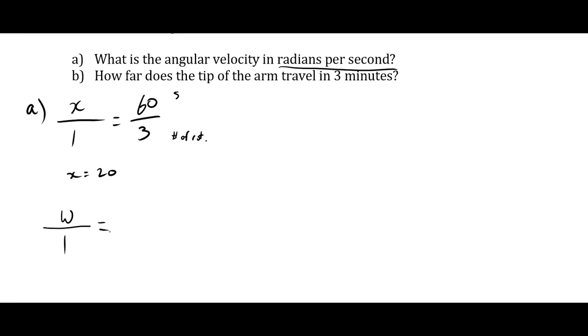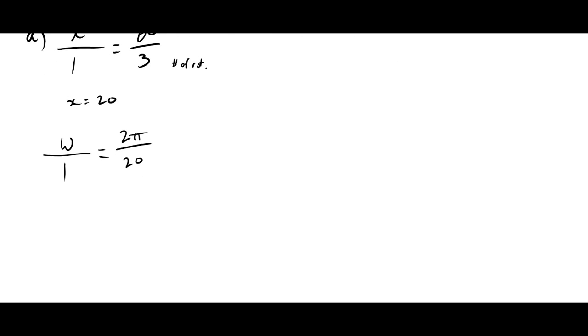We know that a full circle is 2 pi radians in 20 seconds. So W is radians per second, that's our units. If I can go 2 pi, a full circle, in 20 seconds, you can see now how it was effective to find out how many seconds it took to go one rotation.